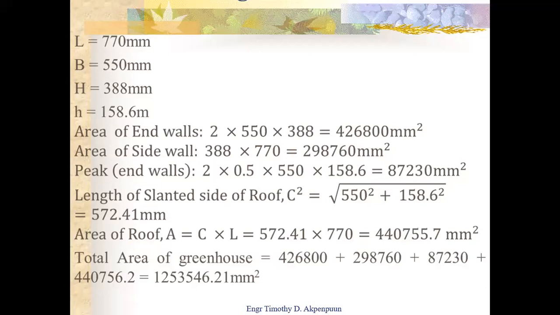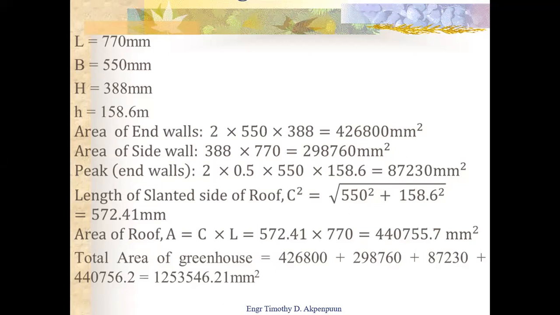Okay, this is the area. What are you going to multiply to convert it to volume? The area will be multiplied with the height of the roof. That's going to be 158.6. You have used the height of the roof, 158.6, before. No.